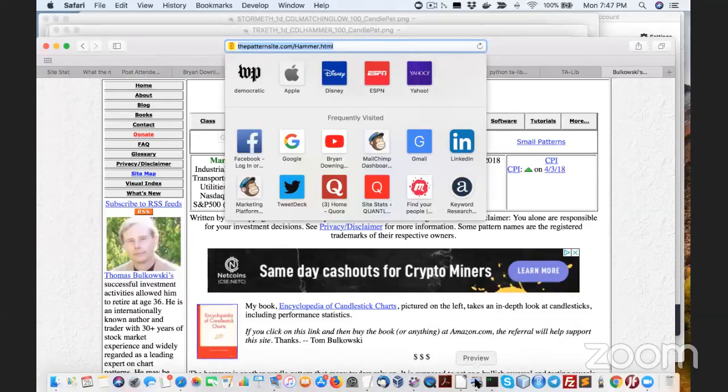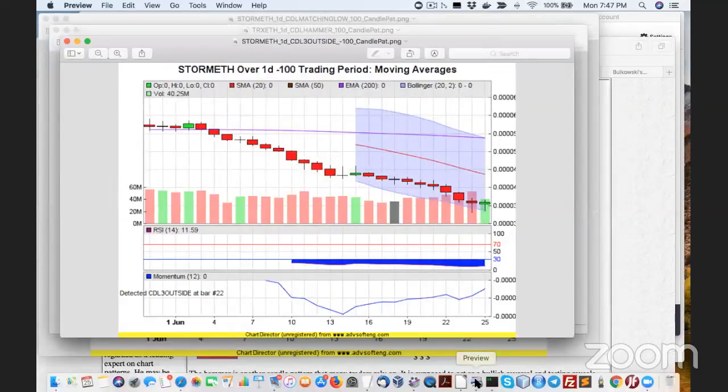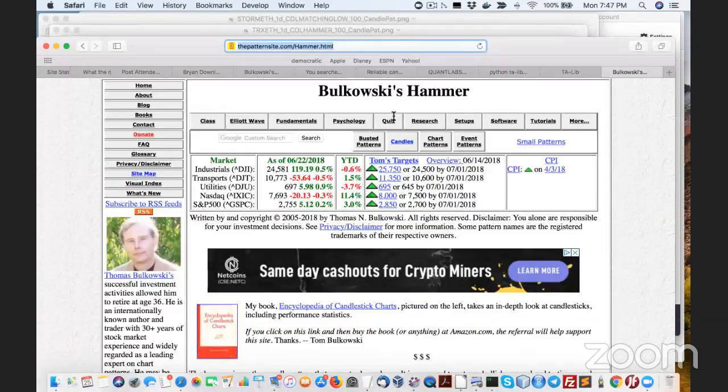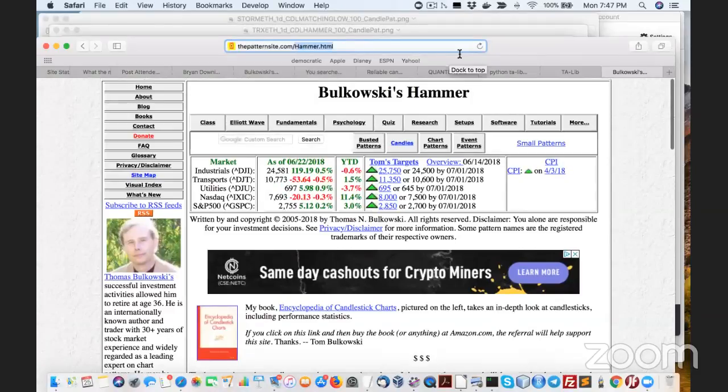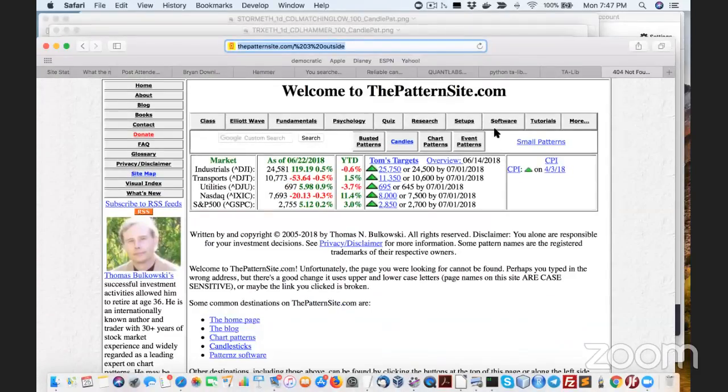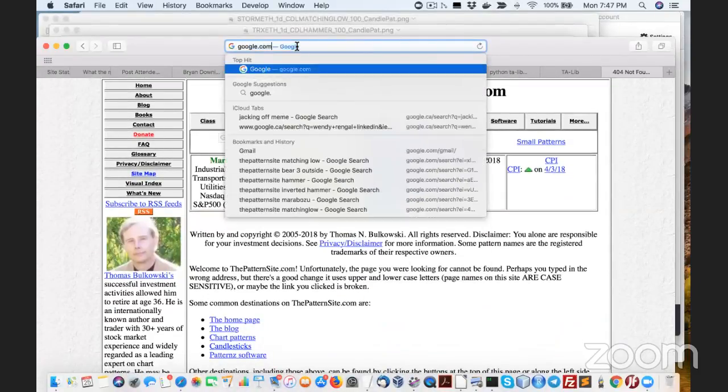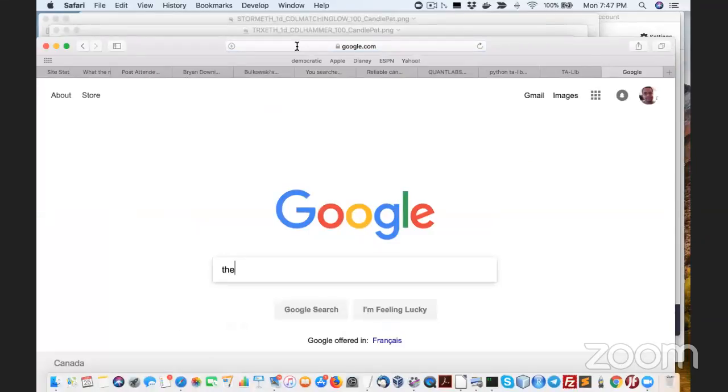What was the name of that pattern? It's called 3 outside. Okay, let's go back to Google, the pattern site, 3 outside.